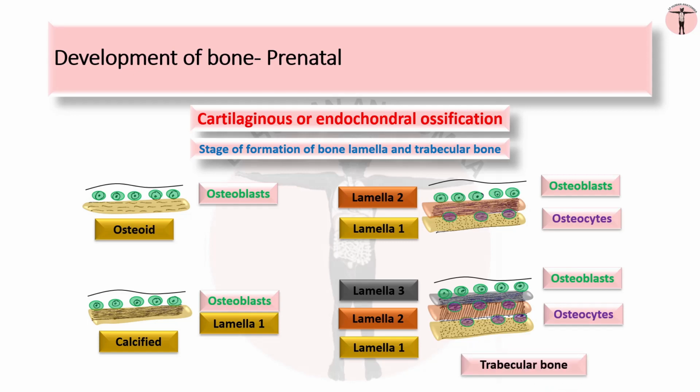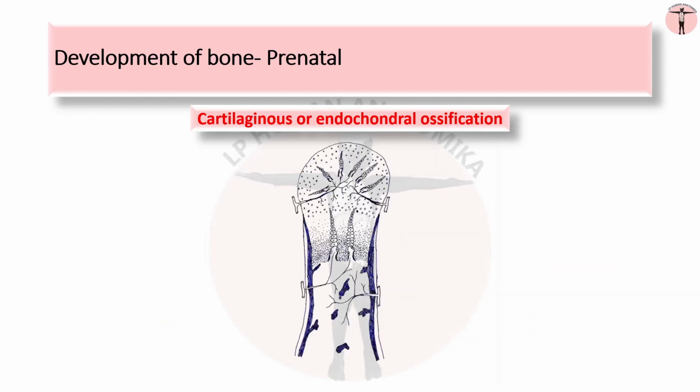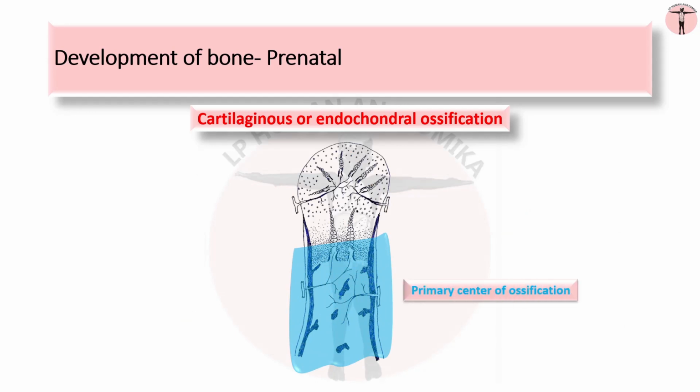Later, the calcified cartilage matrix in the core of trabeculae is removed by osteoclasts, giving rise to mature trabeculae of spongy bone. The central part of the cartilage model where these changes occur is now called the primary center of ossification. Similar process occurs along the developing shaft, resulting in the formation of diaphysis of the bone.